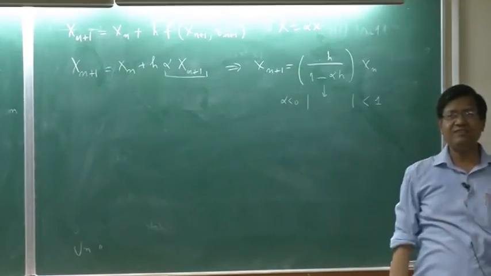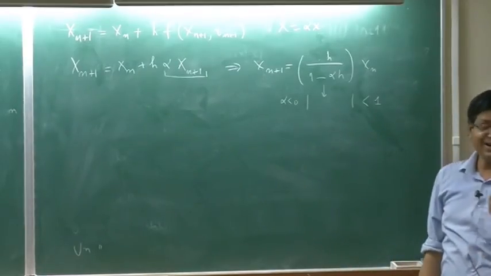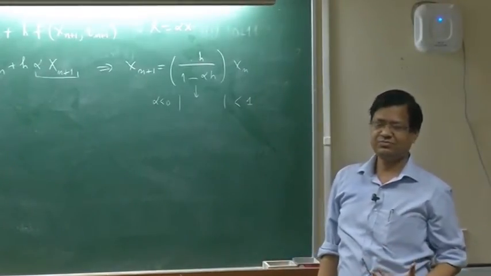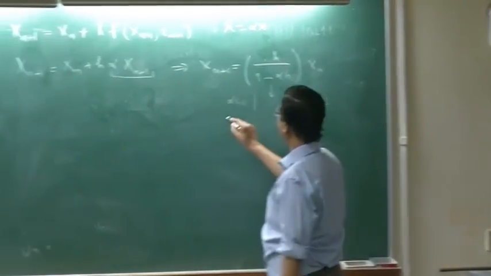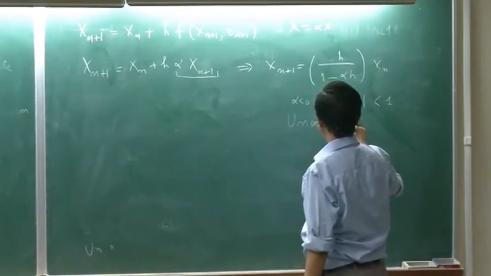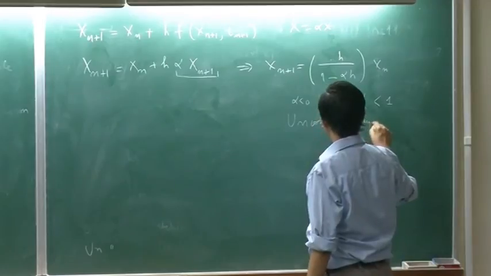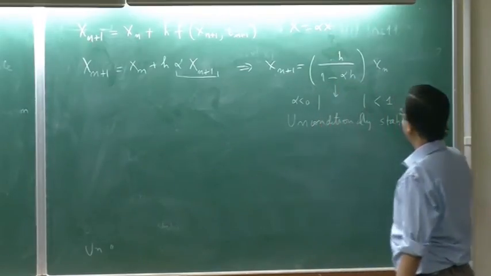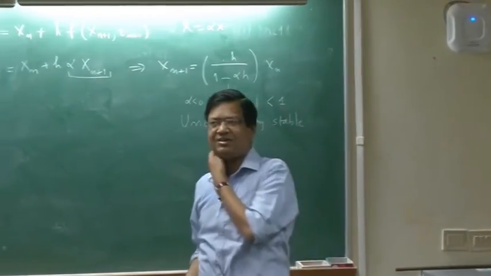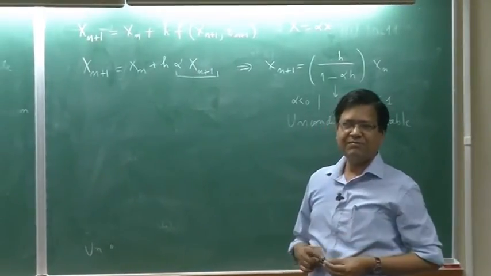So it is unconditionally stable, stable for all h. So the Euler backward scheme at least has one advantage, that it is unconditionally stable. Accuracy is again a problem, but it's very stable.